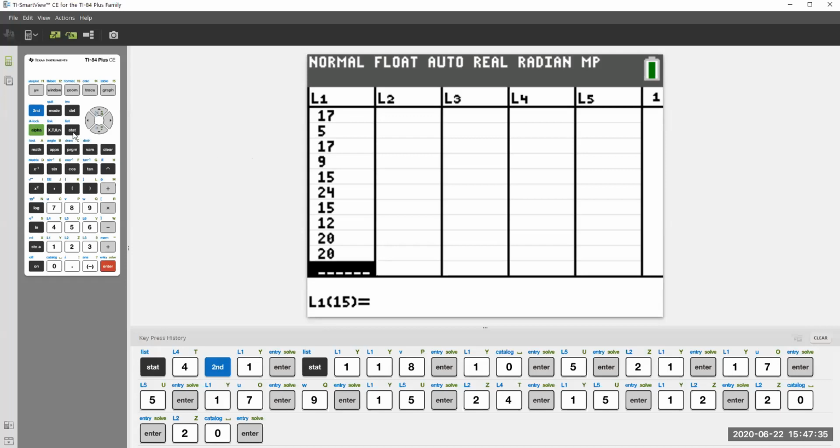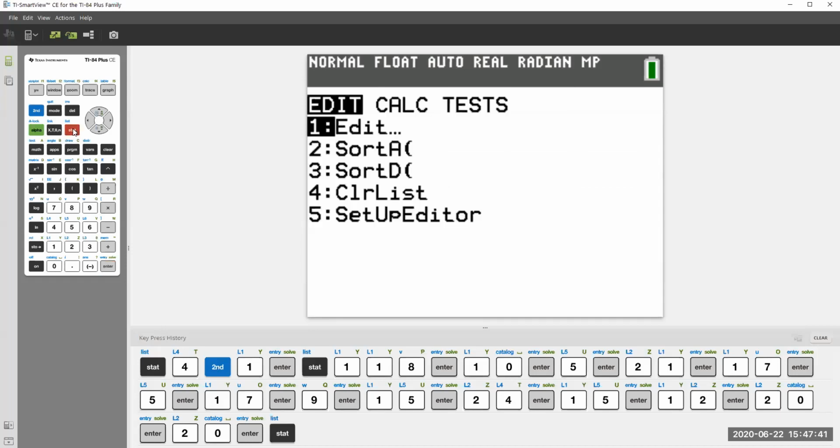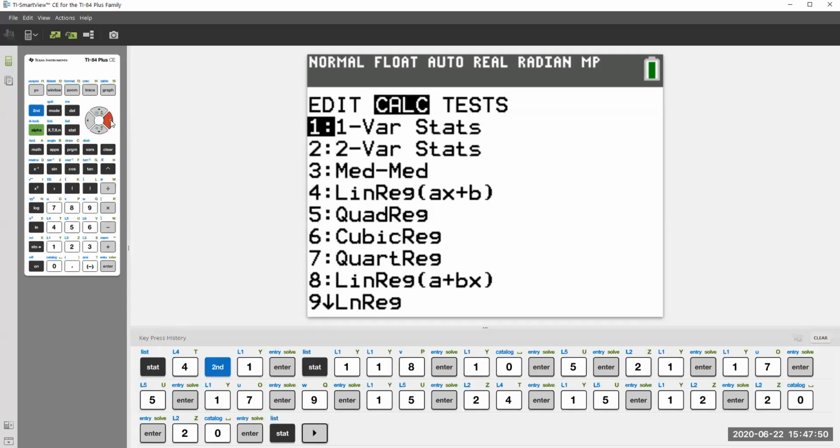Okay. And then I'm going to go back after entering my values into L1. I'm going to press the stat key, and then move my cursor to the right to calculate, and then I'm going to press 1 because we only have one variable and we want to get the one-variable stats.